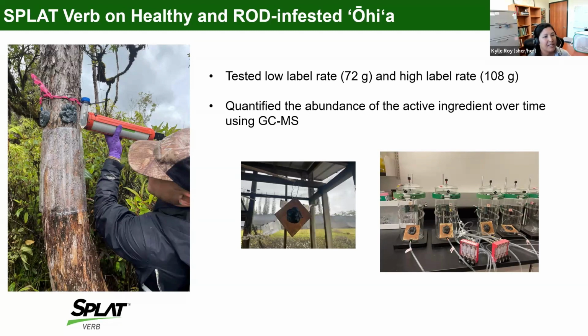We also tested two different label rates: the low label rate at 72 grams, and the high label rate at 108 grams. Then we quantified the abundance of the active ingredient, verbenone, over time using, again, gas chromatography mass spectrometry.